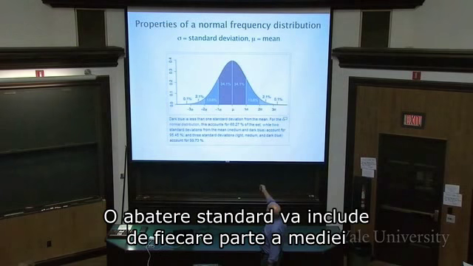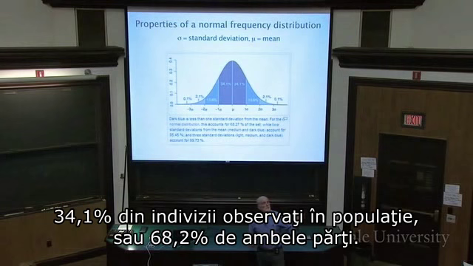Okay? So within 1 standard deviation, you will find on each side 34.1, or with both sides 68.2% of all of the individuals observed in the population.